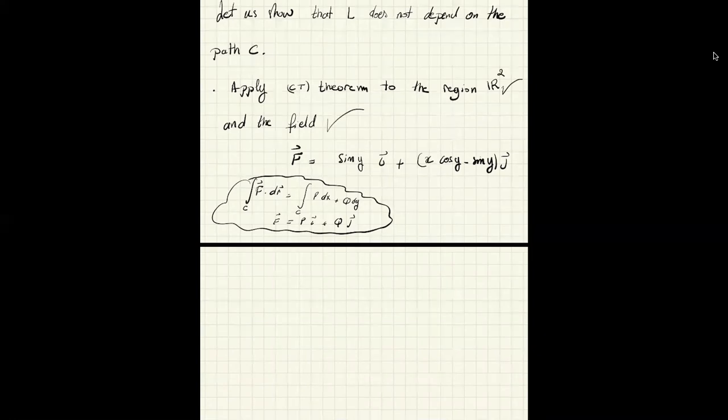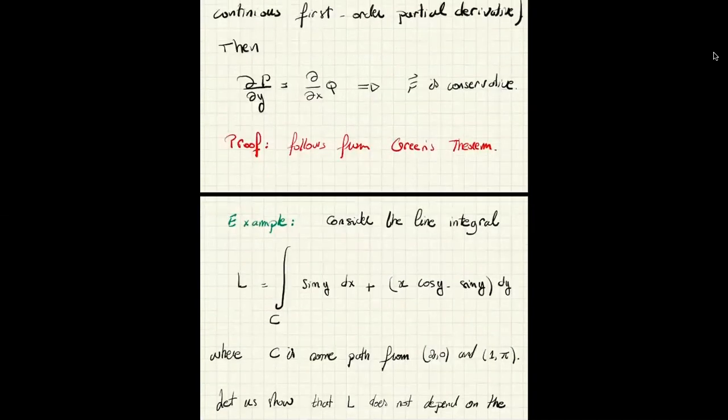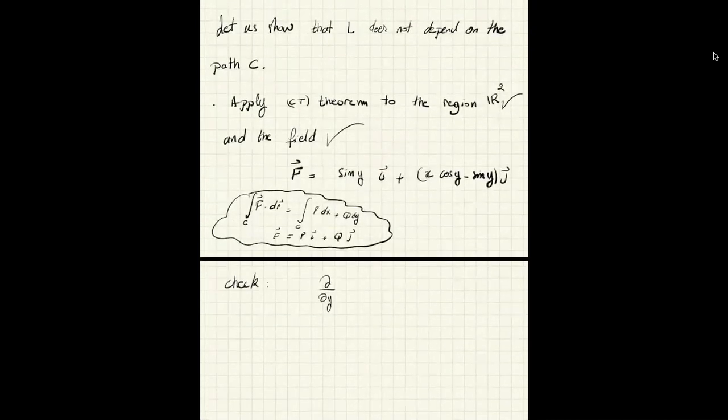Now we check. What is the check? What is dy of P? Because remember, it's dy of P, so this is P, and this is Q. What is dy of P? It's cos of y. And what is dx of Q? Well, it's cos y minus 0, which is cos y. So they are equal.